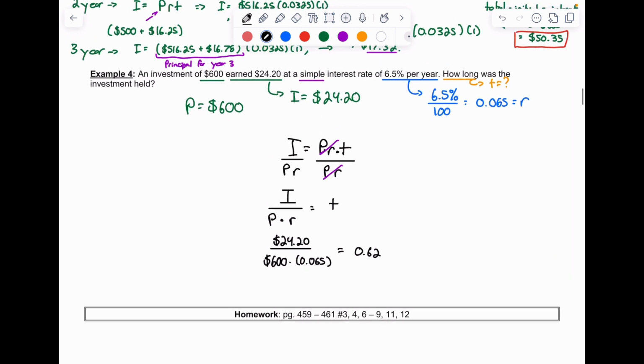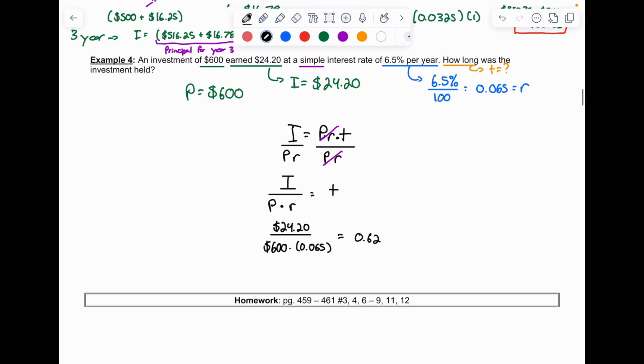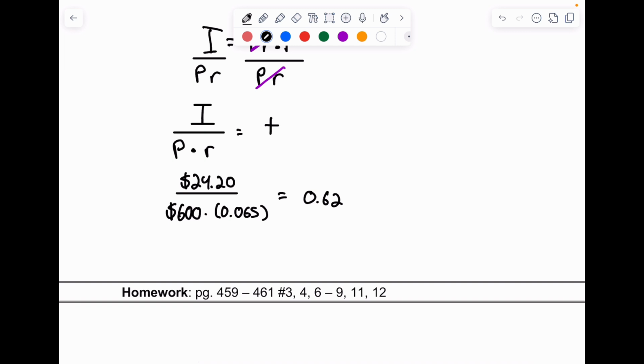It doesn't say any units, so 0.62 of a year, because remember, this is always given in years, all right? So 0.62 of a year.